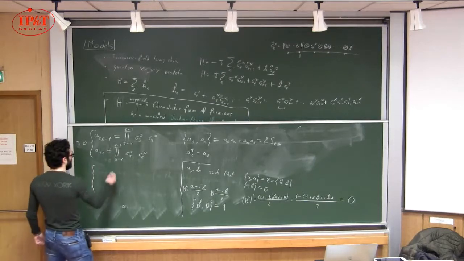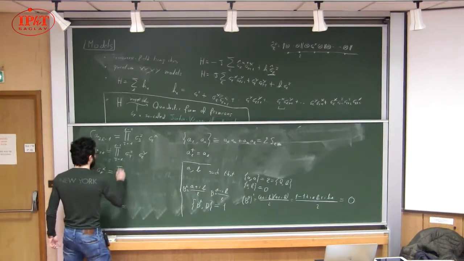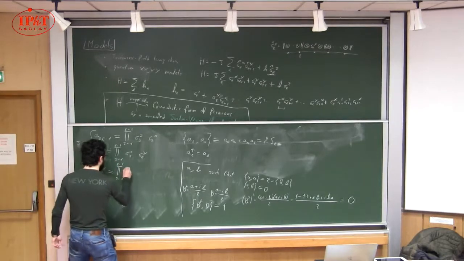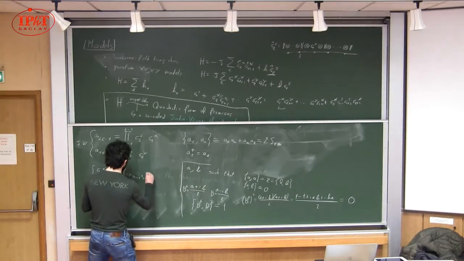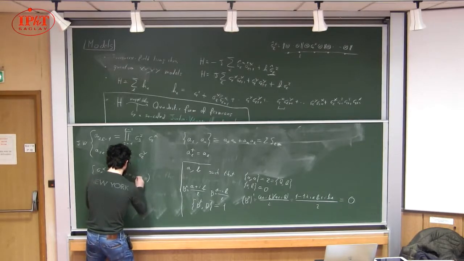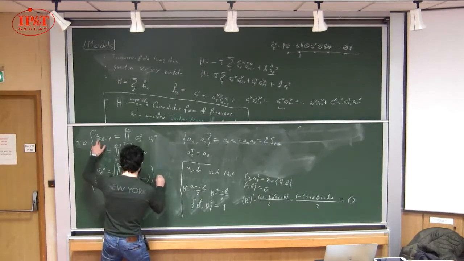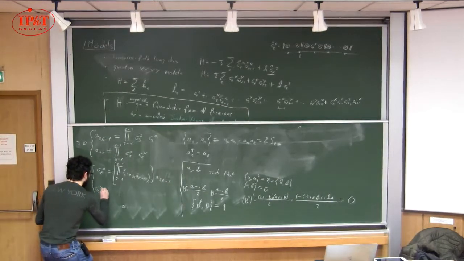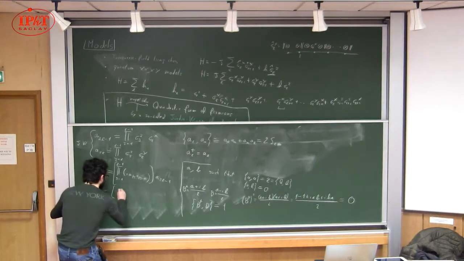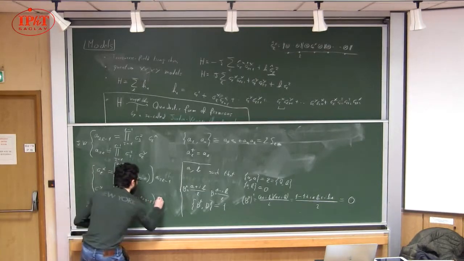You can check that sigma_l^x is simply given by the product j from 1 to l minus 1 of (i A_{2j-1} A_{2j}), and then you have this multiplied by A_{2l-1}. Sigma_l^y is equal to the same string, the product j from 1 to l minus 1 of (i A_{2j-1} A_{2j}), times A_{2l}.